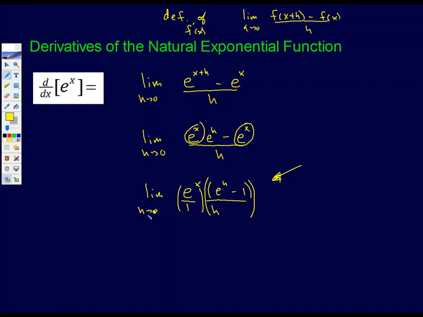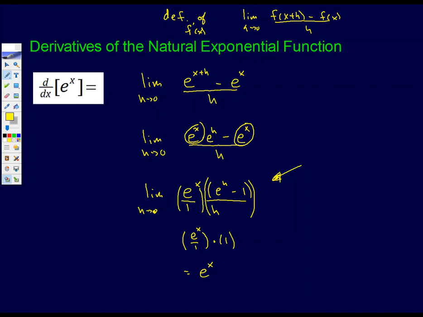The only thing we changed was the name of the variable. In the warm-up problem, we had e to the x minus 1 over x, and x was approaching 0. This is e to the h minus 1 over h, and h is approaching 0. So in either case, that limit is going to be 1, which makes my overall limit e to the x over 1 times 1. The overall limit then is just e to the x.